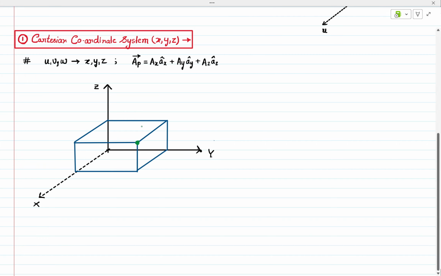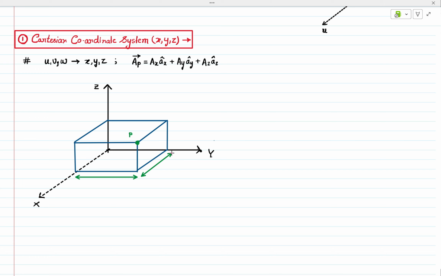This is a point P. If I consider the block, the length, width, and height of the block are the three values of the point in the three-dimensional vector space. What is that? This is the y value of this point.